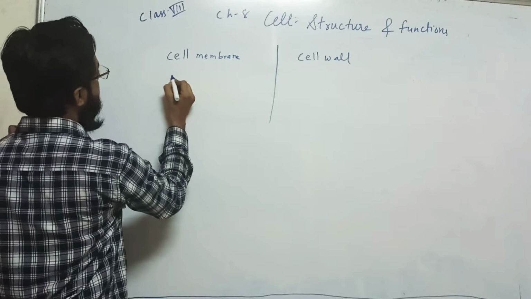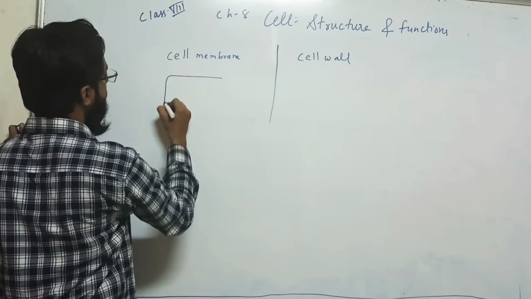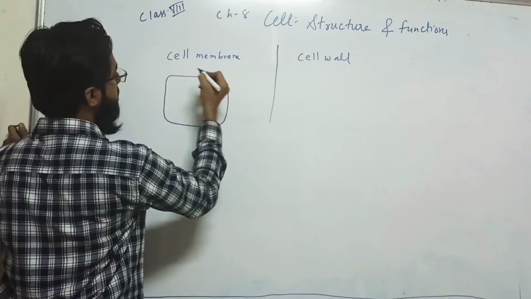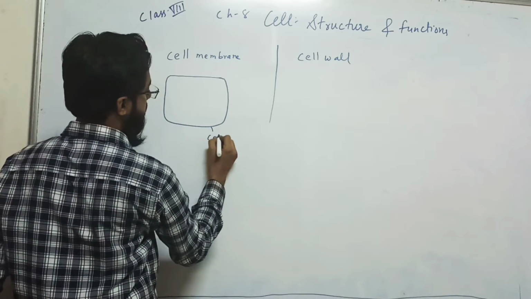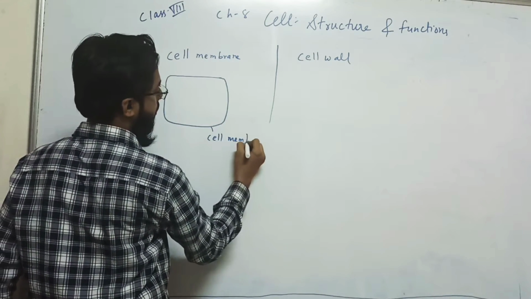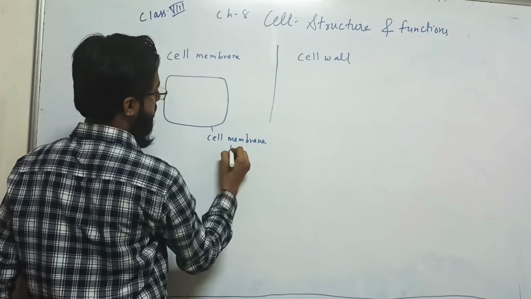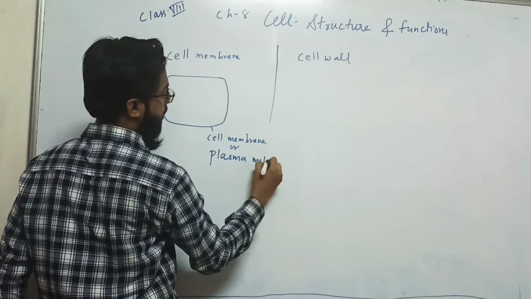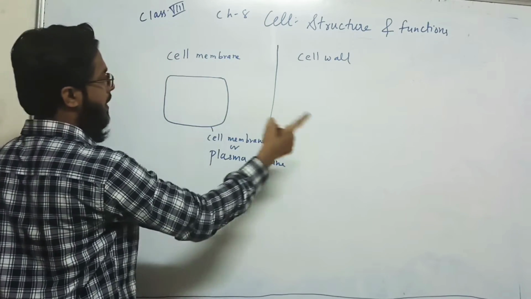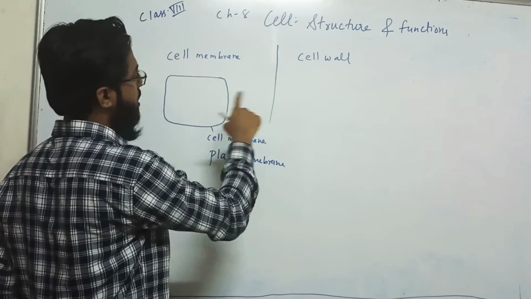So cell membrane is the outermost layer in animal cell, which is also known as plasma membrane. It is present in both animal cell as well as plant cell.